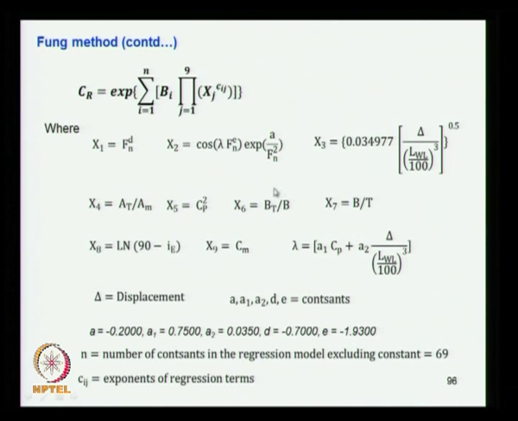Once you know all these parameters, x7 is B/T and x8 is the length into 90 minus IE, x9 is Cm. Then lambda, which appears here, is given by this expression which depends on Cp, again mass displacement and LWL. These coefficients which appear here, D, E, A and maybe also A1, A2 and so on, you can see are given like this.